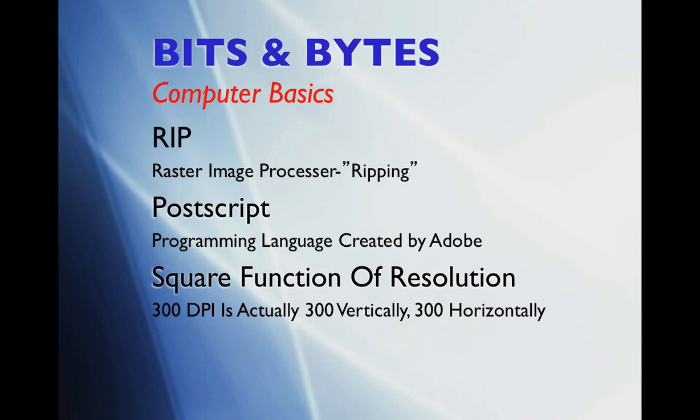So it's always dots per inch, pixels per inch. And the main point here is that if we say, for instance, 300 dots per inch, it's not just 300 dots per inch. It's 300 vertically, 300 horizontally.